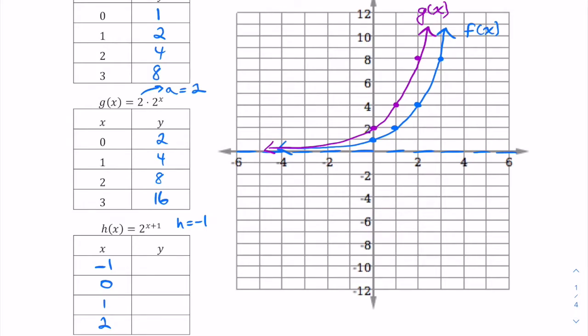And then, to get the y values, you could recognize that we're not changing the y values at all, meaning we're not vertically stretching, compressing, or reflecting them, and we're not moving them up and down. So the y values are the exact same from the first table.